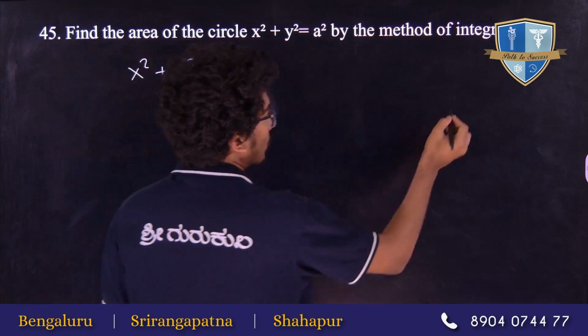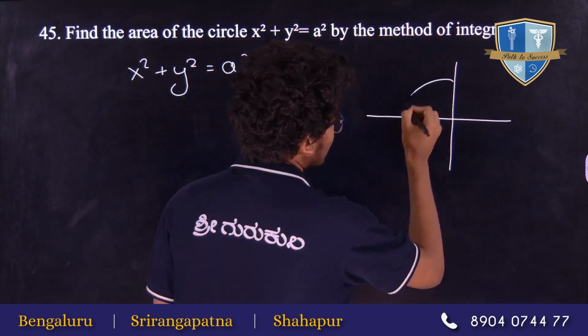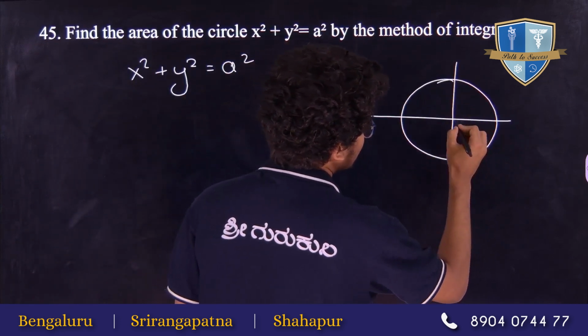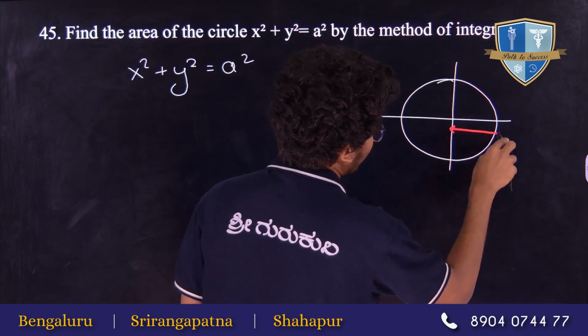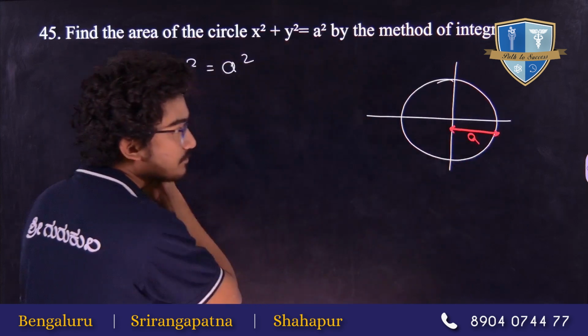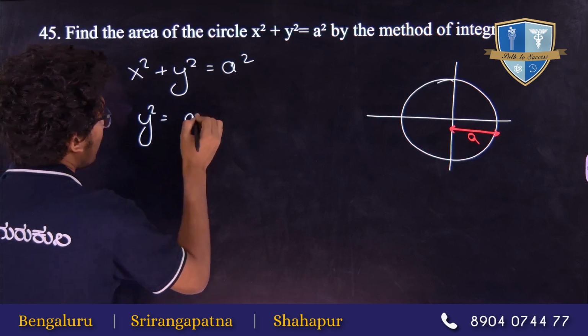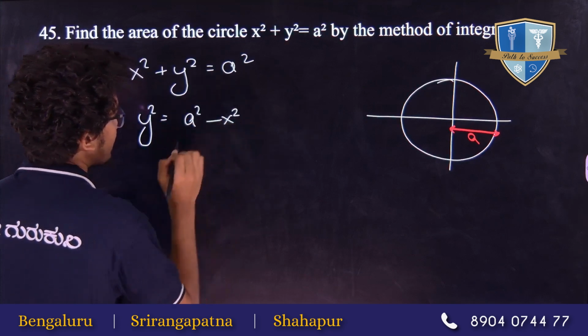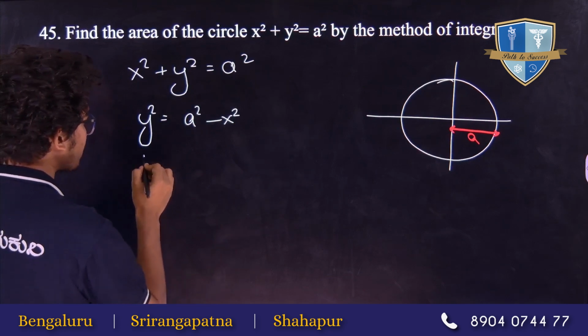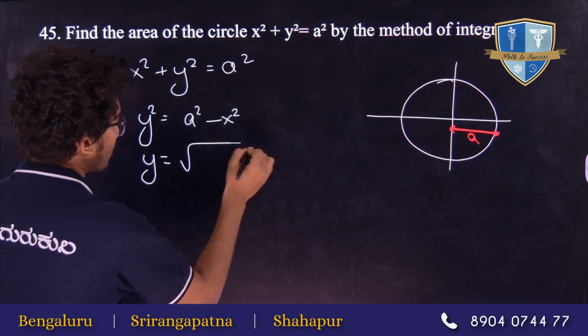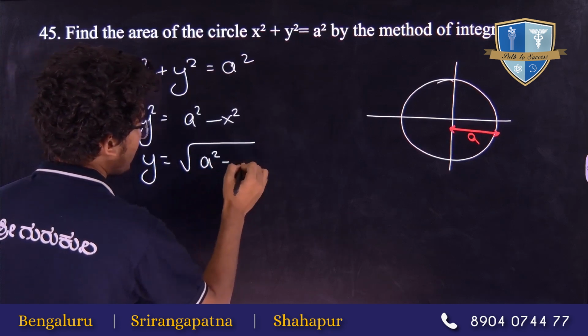This is a circle centered at the origin with radius a, correct? So y square equals a square minus x square, and y equals plus or minus root of a square minus x square.